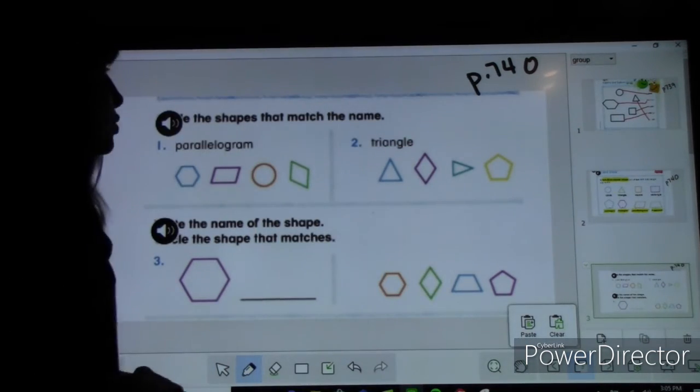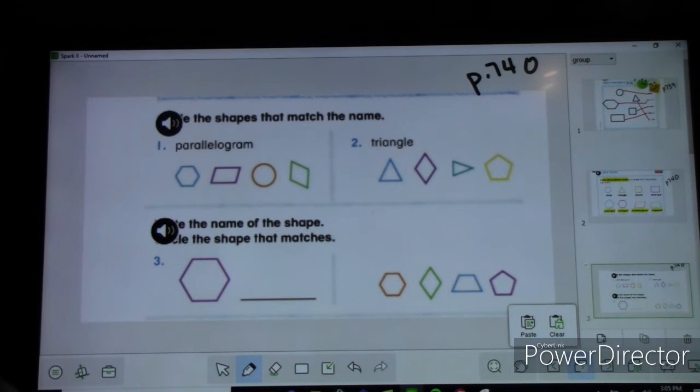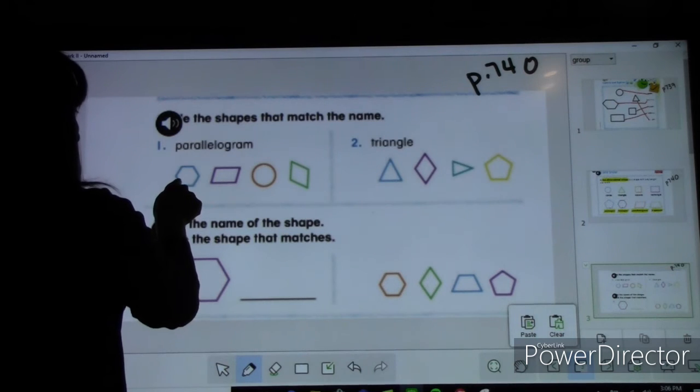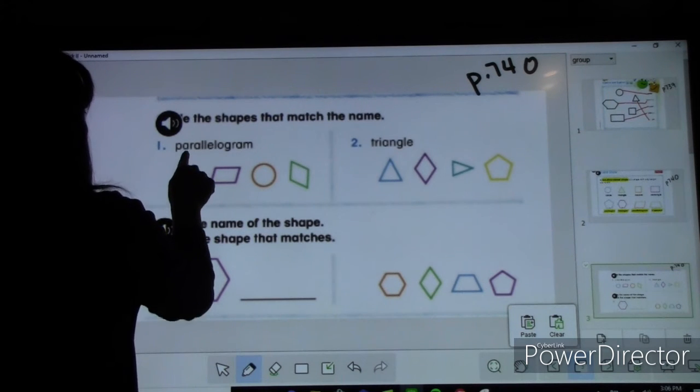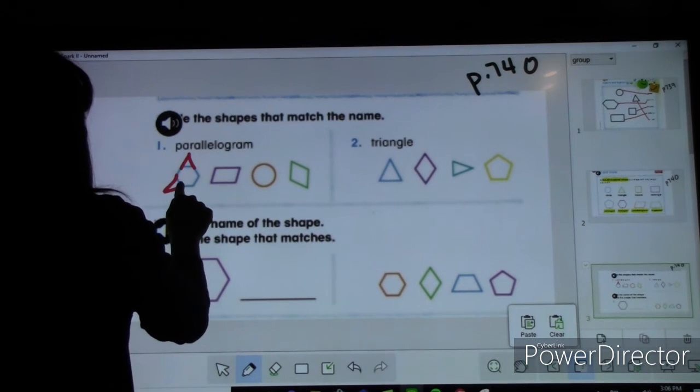On the bottom of page 740, they want us to choose the shape that matches the name. So the first one is a parallelogram. So we're looking for any shapes that have 2 parallel sides, which means they will never touch. So we can see this hexagon. If we kept going with the sides, they would meet eventually.